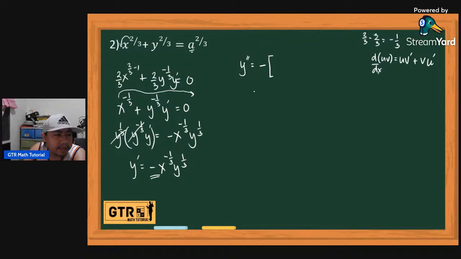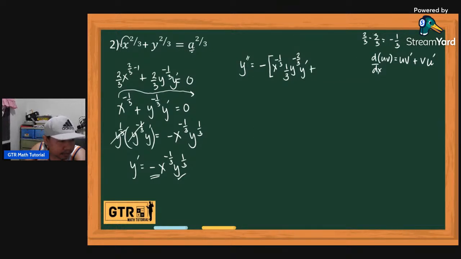So we have x raised to, just copy, x raised to negative 1/3. And then the derivative of y raised to 1/3. So that is equal to 1/3 y raised to 1/3 minus 1, so we have negative 2/3 y prime. Okay? So we are only at u times v prime.